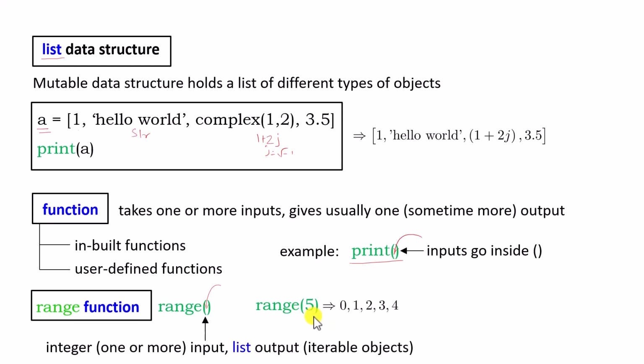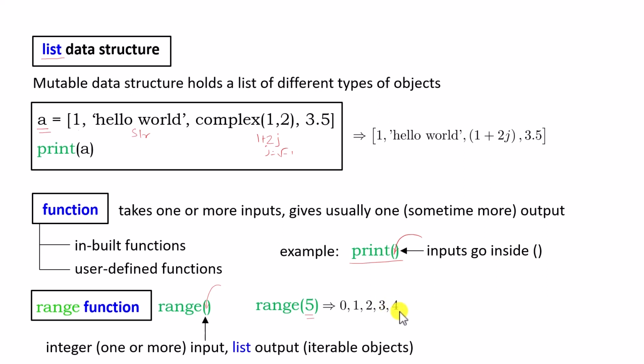So for example, I give an integer 5. It will generate a list. That list will contain 0, 1, 2, 3, 4. So as I give 5, it starts from 0, and then with increment 1, it goes up to 4. Once it hits 5, the function stops there.